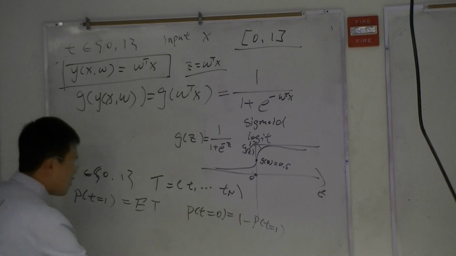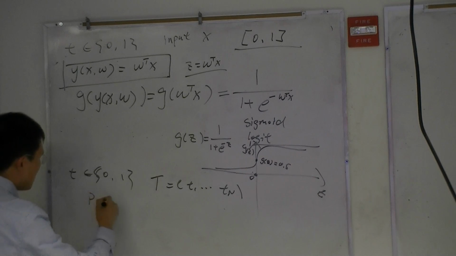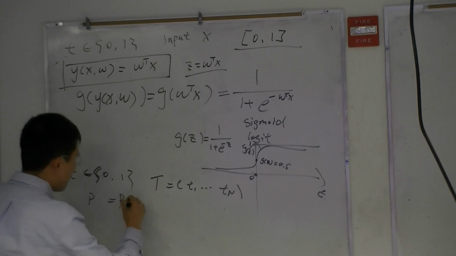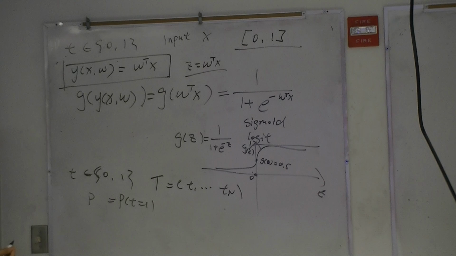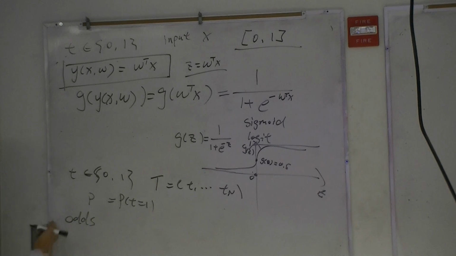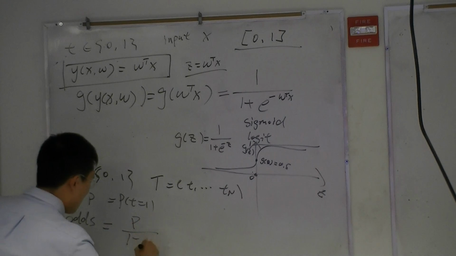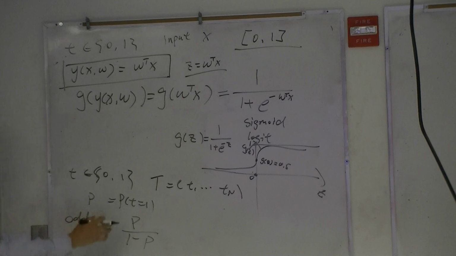So we just think T is equal to the probability T equal to 1. So we can define the odds here. The definition of odds is P over 1 minus P. So this is the definition of odds.